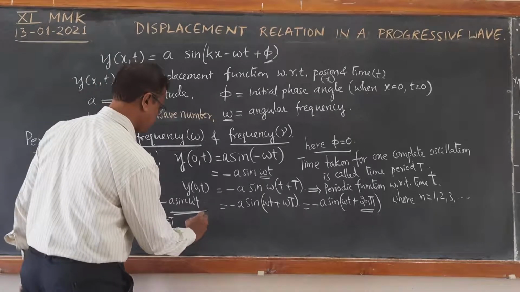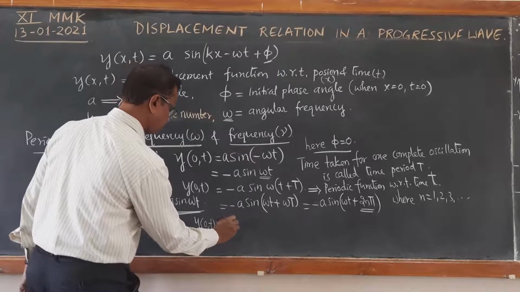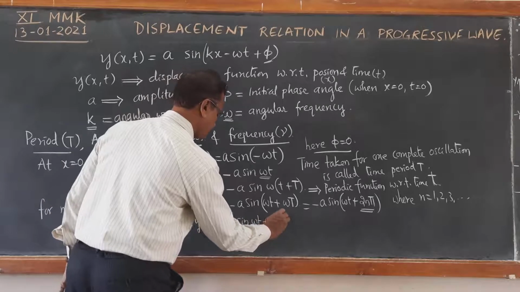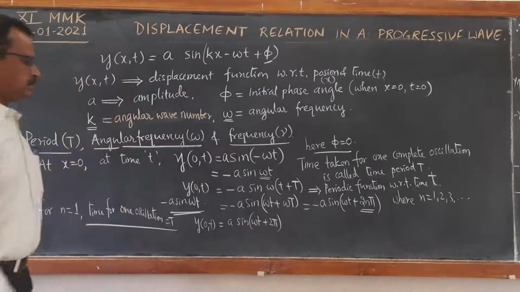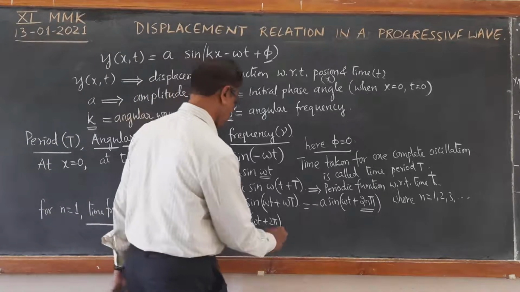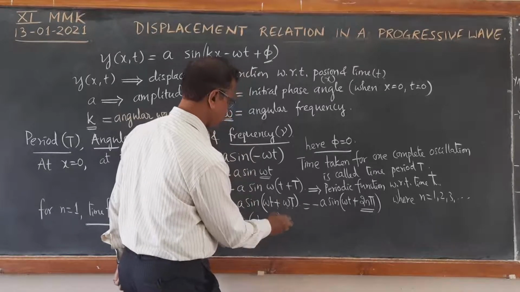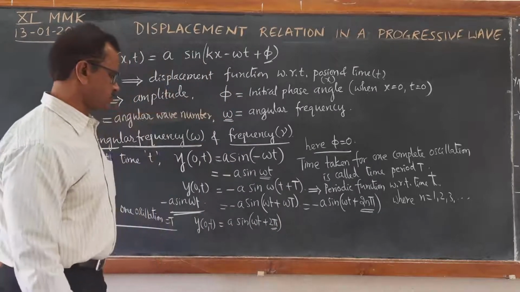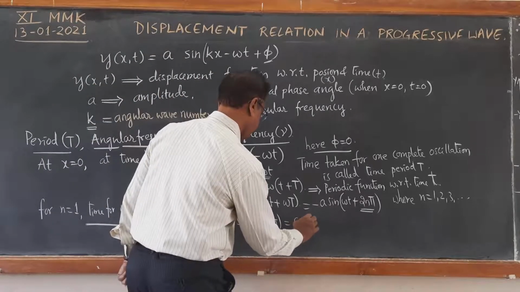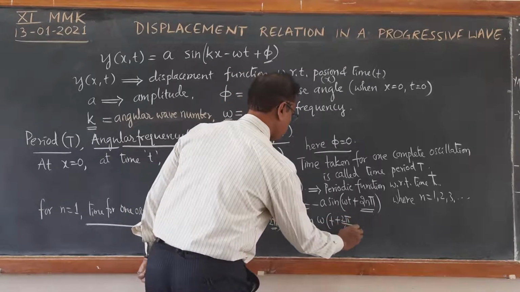Then we get y0t equal to a sin omega t plus 2 pi. If you take out omega, we get a sin omega into t plus 2 pi by omega.